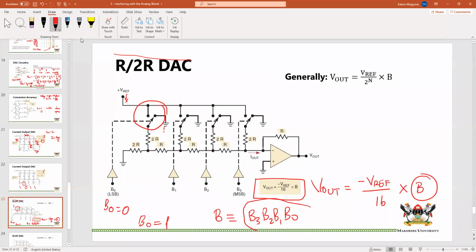So you basically take the whole thing, convert it, and get what B is. Generally, if it's an 8-bit DAC, you won't use the factor 16 here. You will need to use 2 to the power n here.